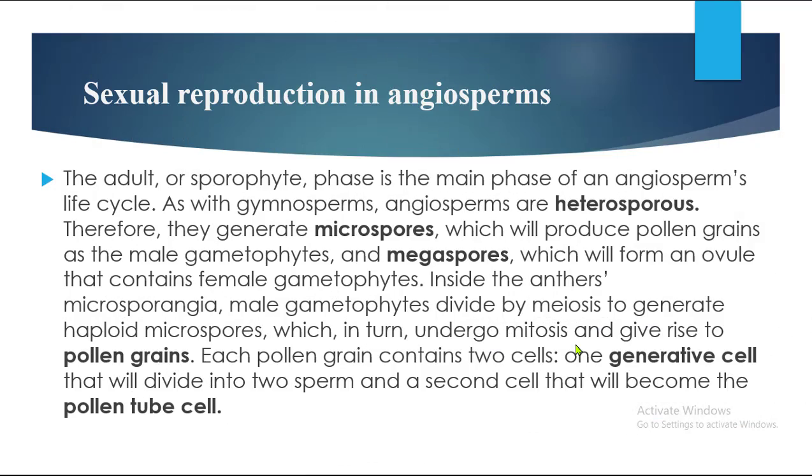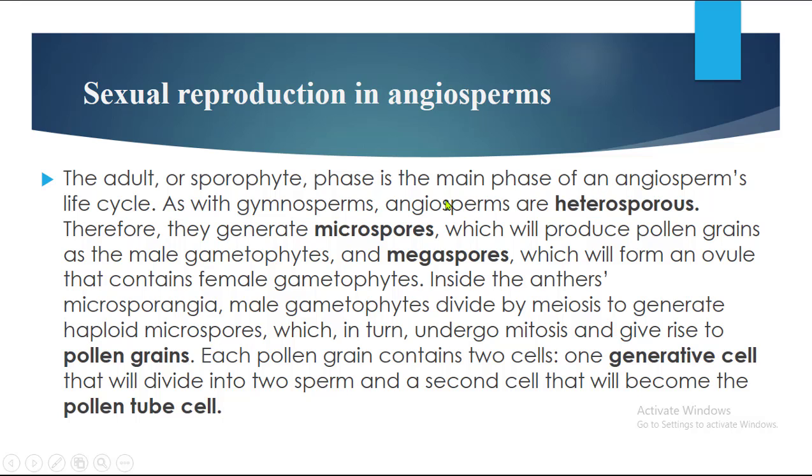Moving on. Now, sexual reproduction in angiosperms. I already mentioned that angiosperms are the flowering plants and they have the seeds. Unlike gymnosperms, their seeds are enclosed inside the flower or inside the fruit. So a brief summary: the adult plant is just like the gymnosperm, it is again sporophyte. The sporophyte phase is the main phase of the angiosperm.